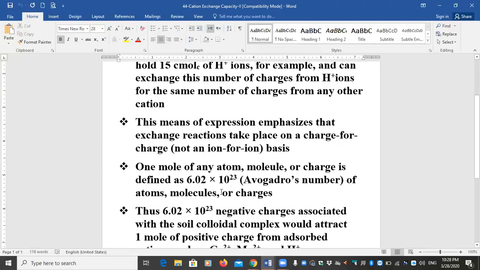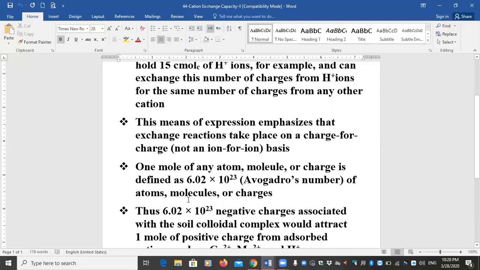If you remember, in the undergraduate courses, I used to give you a few lectures on chemistry, and one of the things we concentrated on was defining mole, and we said the mole is the counting unit of chemistry. So if we say 1 mole of atoms, 1 mole of molecules, 1 mole of charge, it's always this number, 6.02 times 10 to the 23, which is Avogadro's number.